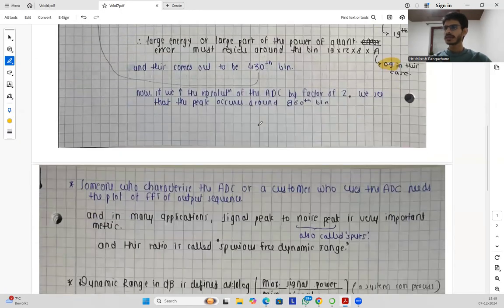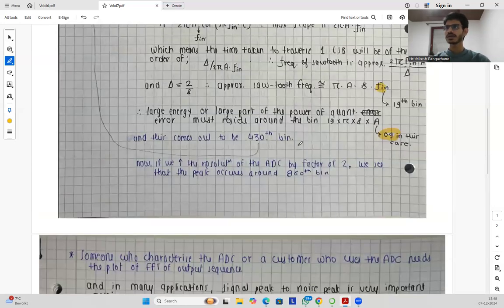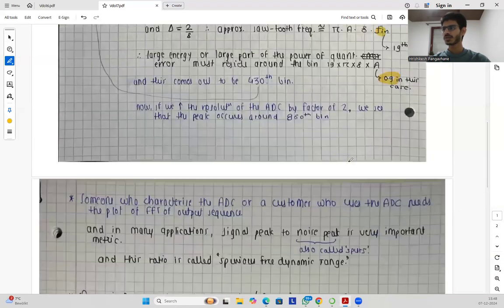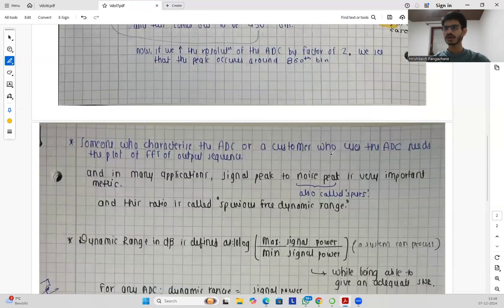Someone who characterizes the ADC, or a customer who uses the ADC, needs the plot of the FFT of the output sequence, and in many applications, the signal peak to the noise peak ratio is very important.